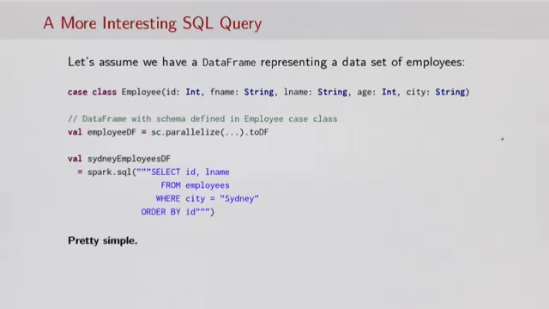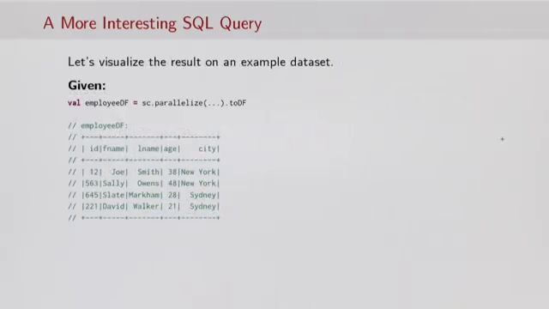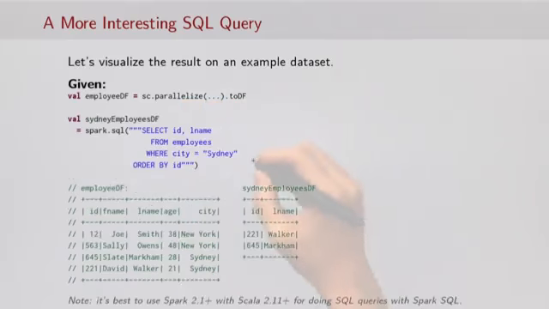To make sure we understand this query, let's visualize it. Assuming this is our data set here, this is our employee data frame. And remember, we registered it as a table called employees. This is what the result of the query looks like.